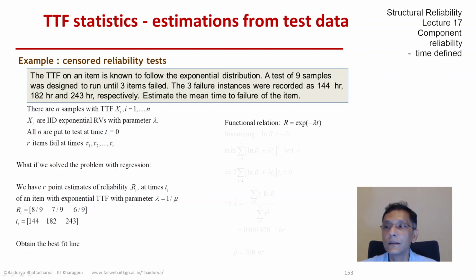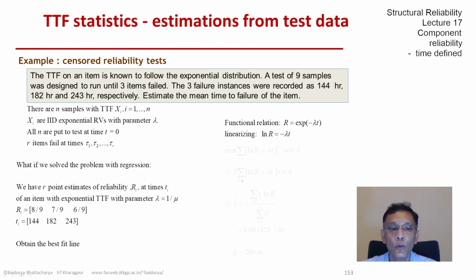So we'll just go step by step as we do in linear regression analysis. We have a functional relationship, which is R equals exponential minus lambda t. We need to linearize, and that's log R equals minus lambda t.